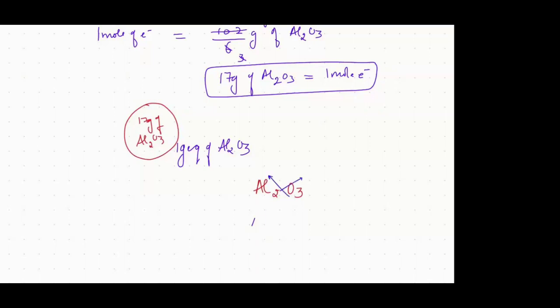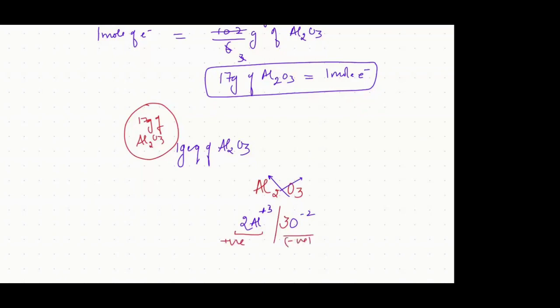One species Al plus 3 and another species O minus 2. How many Al plus 3 would I need? 2. And how many O minus 2? 3. So if I break it, half part of it is positive, half part of it is negative.